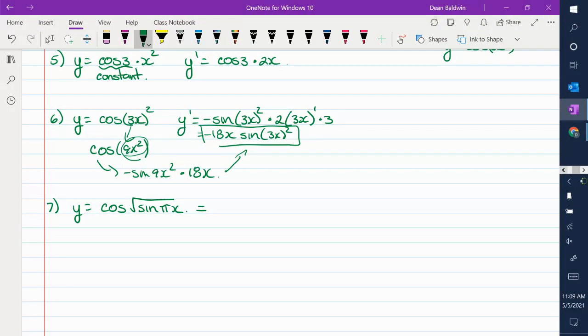So I'm going to rewrite this. First of all, we don't like square roots. What do we like? We want exponents. So this is like cosine of sine pi x to the power of a half.